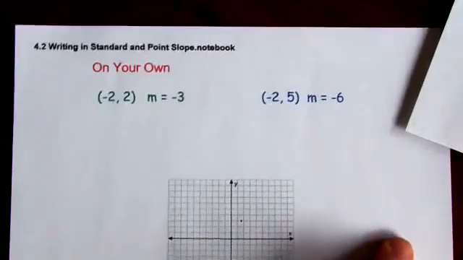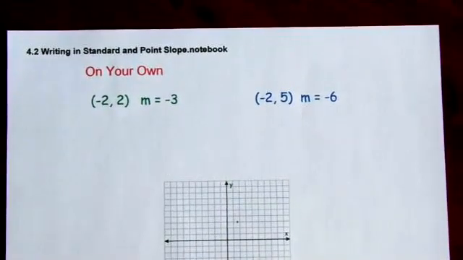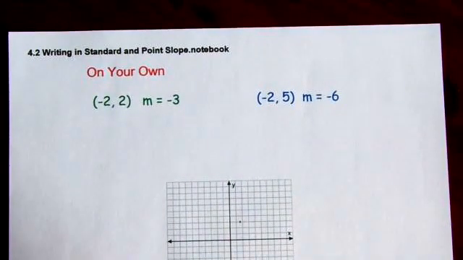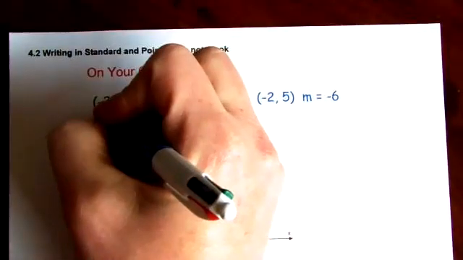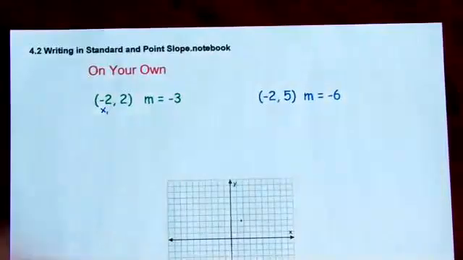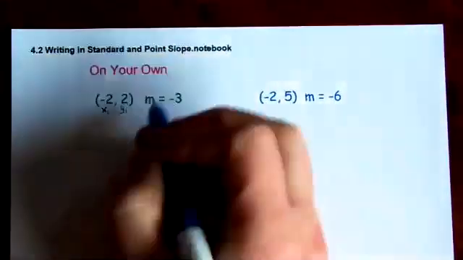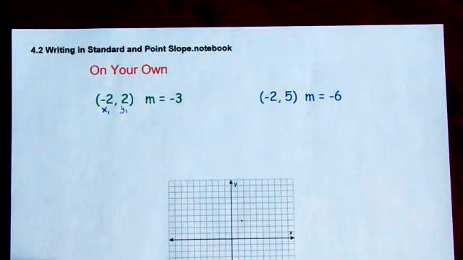So let's look at another example. We're given points, we're given slope, we need to write this in the equation. Let's identify: this is our x1, this is our y1, and this is our m. It's already identified, so we don't need to do that.